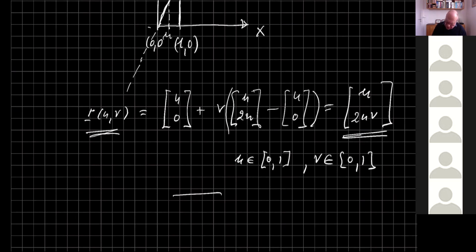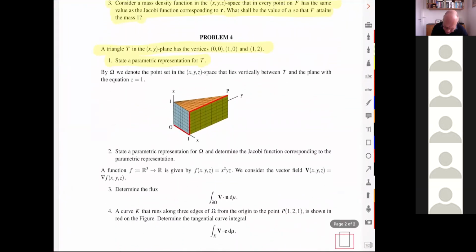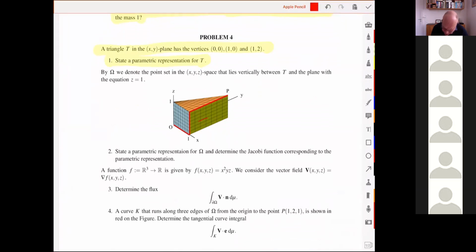So let's look at the next part. Then we have a solid that is given in this form. It's shown here, and the solid lies above T, and it's limited vertically by the plane z equal to 1.